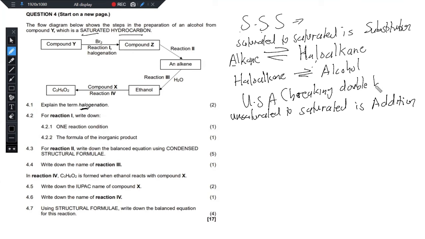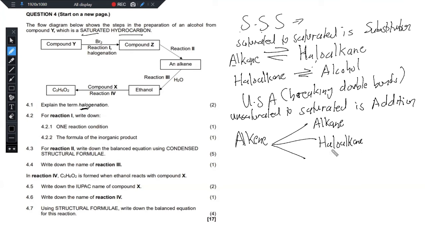Unsaturated to saturated is addition. So all these reactions must start from an alkene going to either an alkane, a haloalkane or an alcohol.